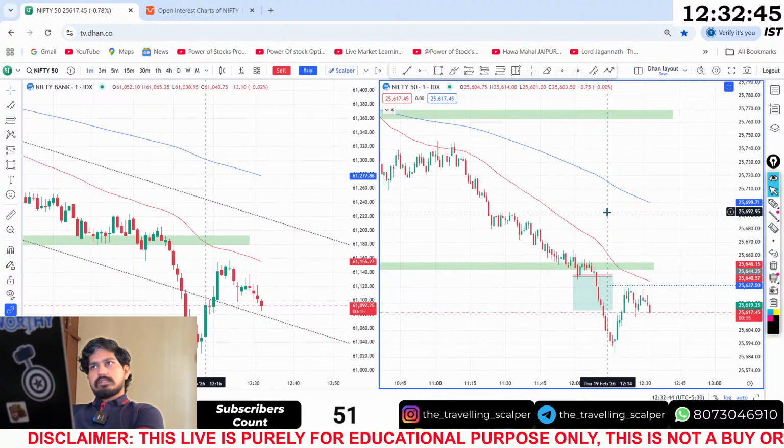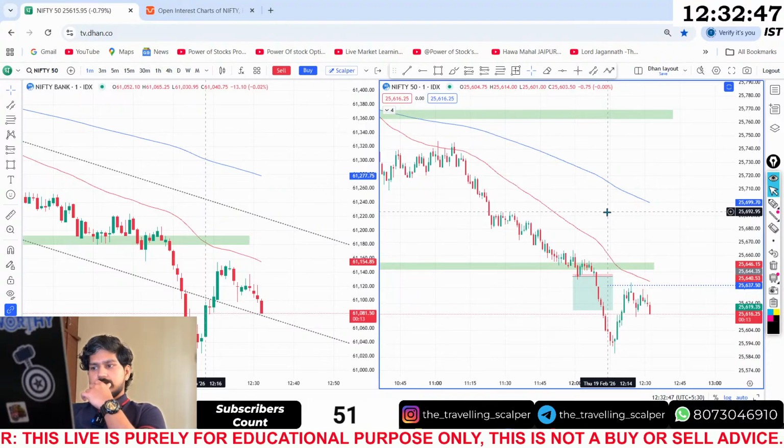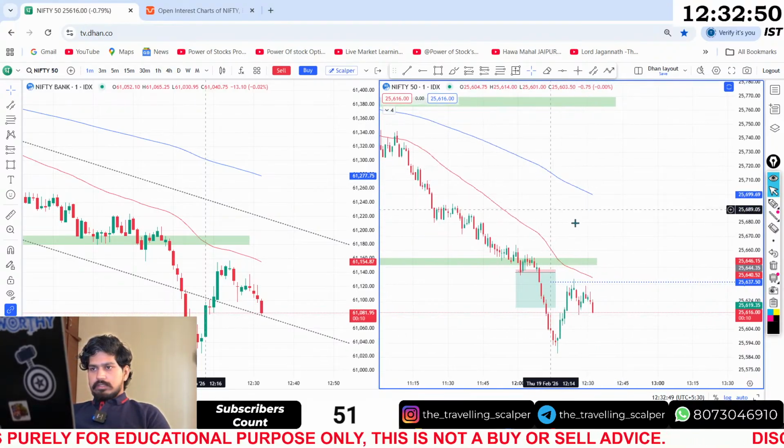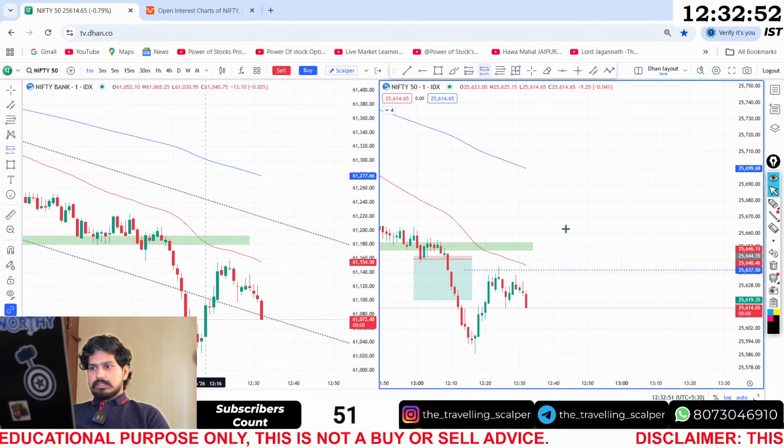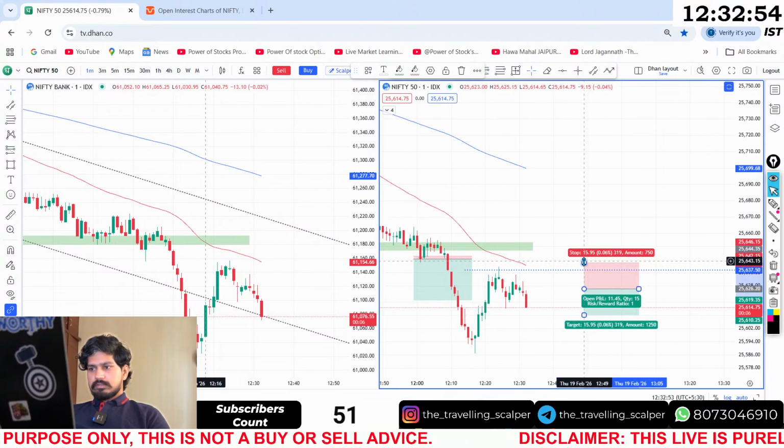Okay, so we can expect a downside momentum once again. I felt a trade could be taken here. One second, I will just mark things and keep ready.